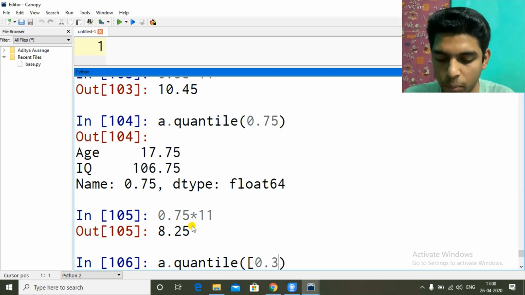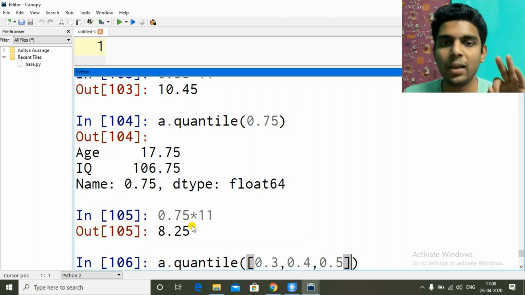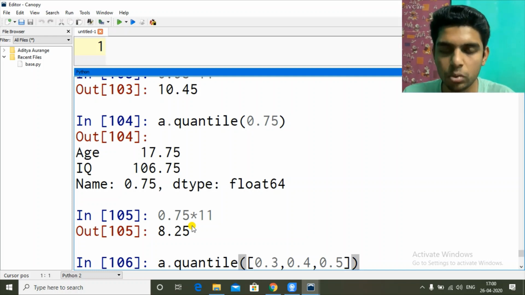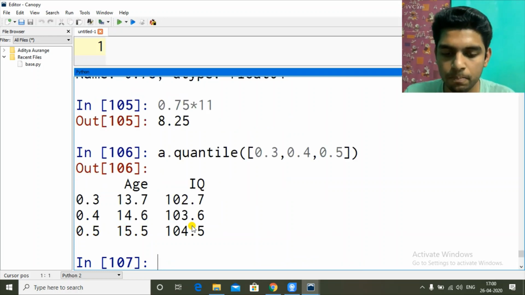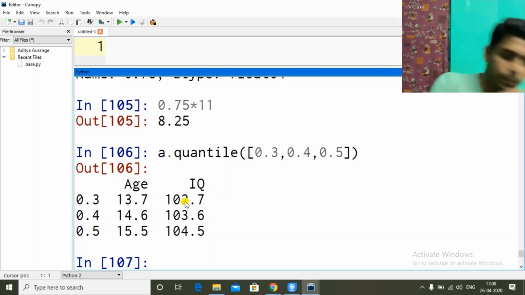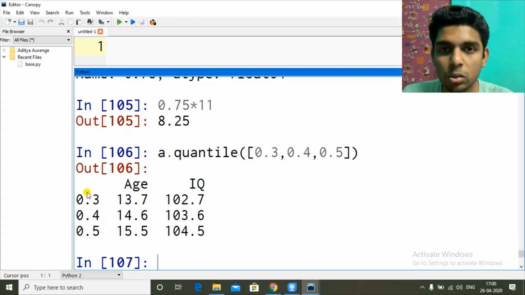So there are 3 values, and I am giving them in the form of a list. I can give the values as a tuple also. So inside the quantile function, round brackets, as a list I am passing 3 values. So quantile at 0.3 is 13.7, 0.4 is 14.6. Similarly for IQ, 0.3 is 102.7, and 0.5 is 104.5.